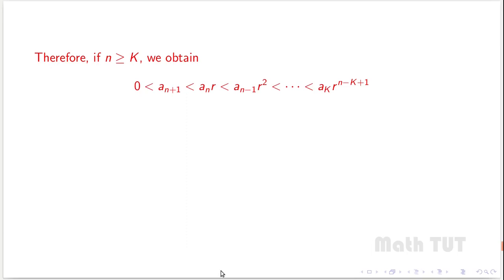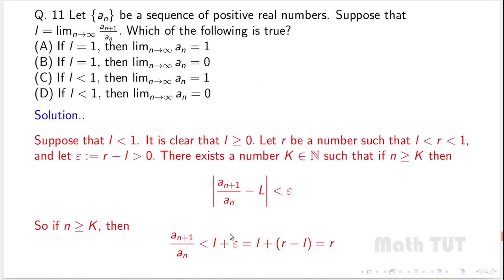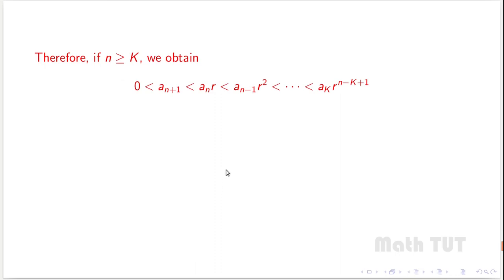Similarly, what you can derive is something like this. This we derived from the first section, that is a_{n+1} less than a_n times r. Now if you write this in terms of a_{n-1} and a_n, then from that you can in fact derive that a_n is less than a_{n-1} r, less than a_{n-2} r squared, and so on.